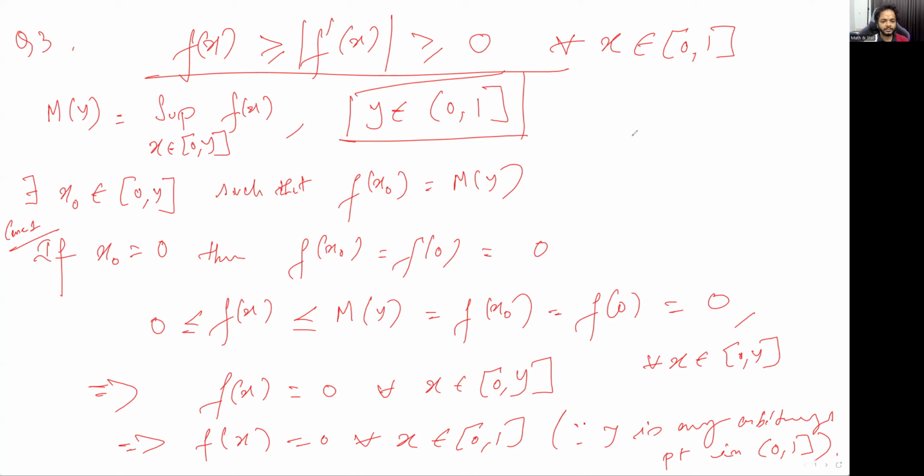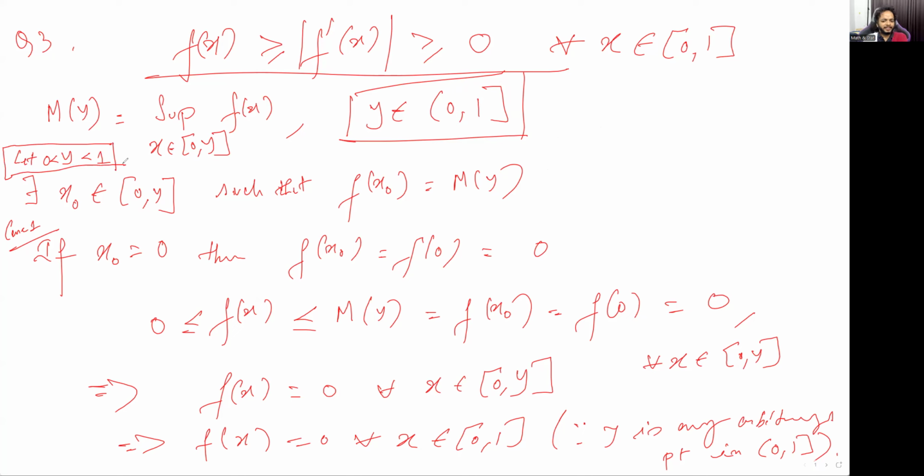So here let y be strictly greater than 0 and strictly less than 1. Okay, so I'm defining y to be strictly greater than 0 and less than 1. So it doesn't matter, right?